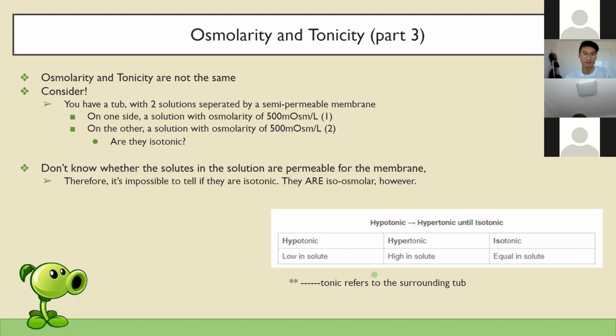So if you had a cell in a bath, you'd be describing the bath. If you put a cell into a hypotonic solution, water would diffuse into the cell because it'd try to equalize the concentrations.